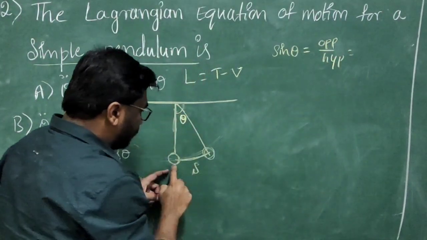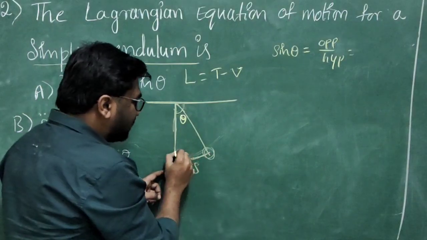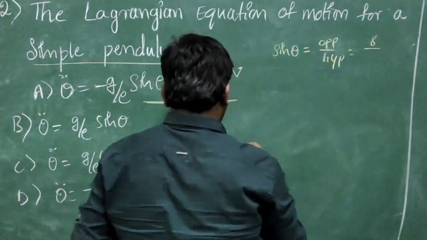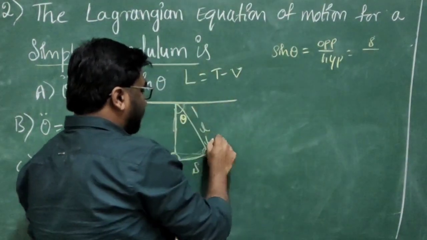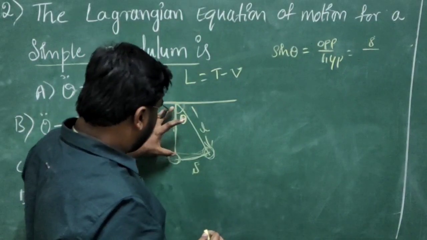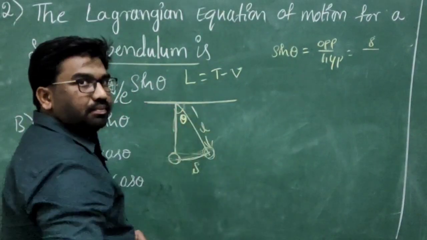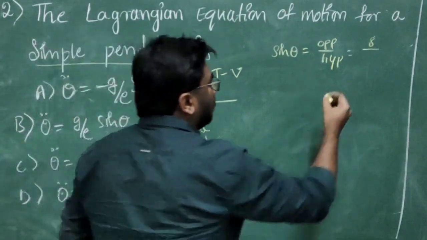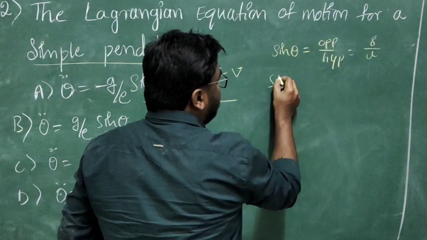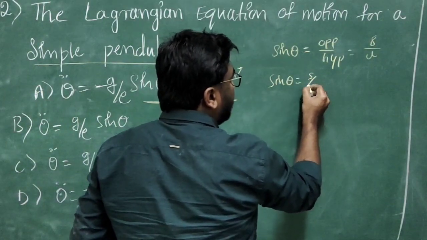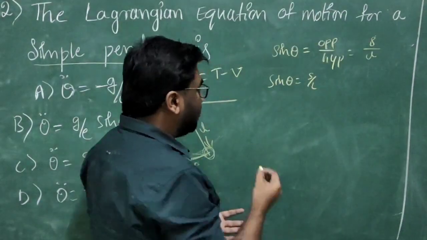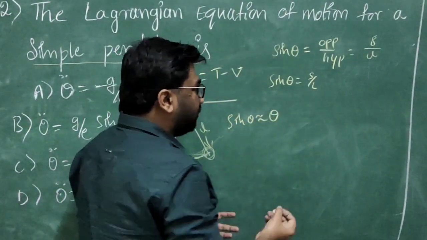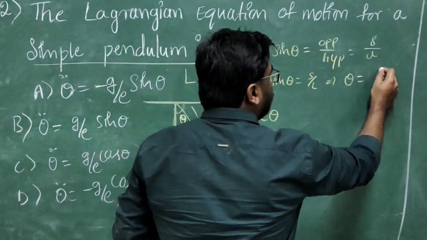What is opposite? S. It looks like a straight line. So S divided by the hypotenuse, which is L. Let us consider L is the length from the rod to the bob. So sin theta is equal to S by L. If theta is very small, then sin theta is approximately equal to theta. Therefore theta is equal to S by L.